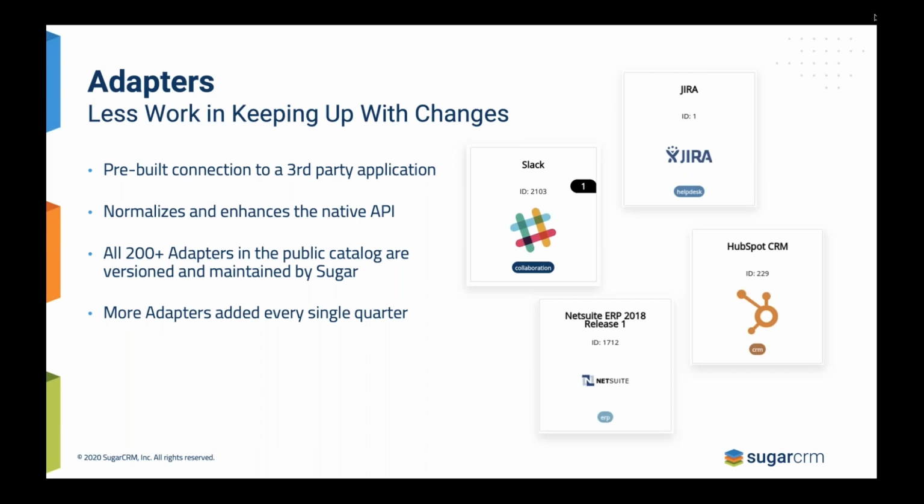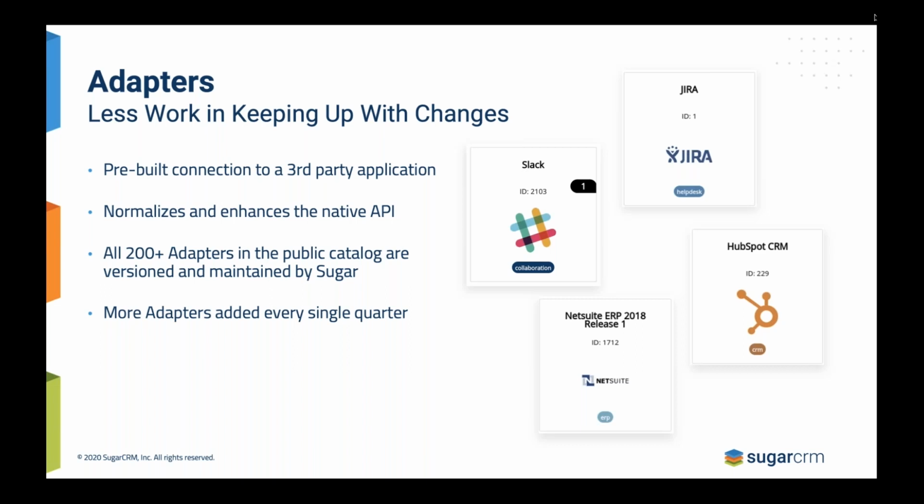Well, one of the features that adapters provide is it'll add eventing, it'll add webhook functionality on top of an API that doesn't include that natively. And so that's really powerful from a development perspective, that you can always count on event-driven data from all the applications you're connecting to, right? So that's one of the ways that Sugar Integrate adapters enhance a native API.